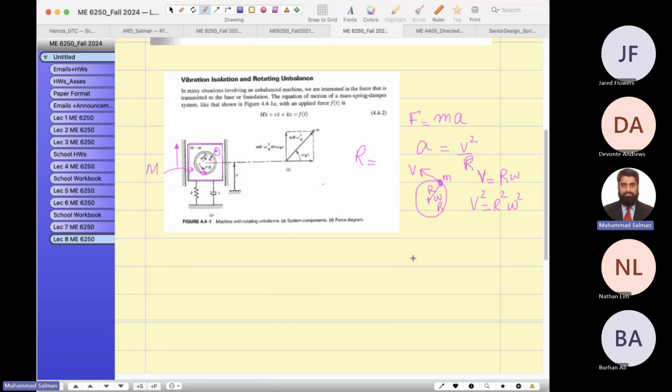So the normal or centripetal acceleration is v squared over R, which is R omega r squared. Now we know that the force due to this unbalanced mass can be written as mass times acceleration, m R omega r squared. So this is the unbalanced force.